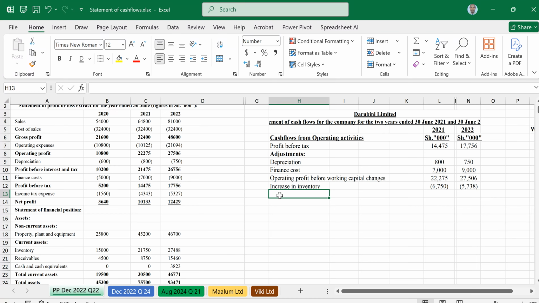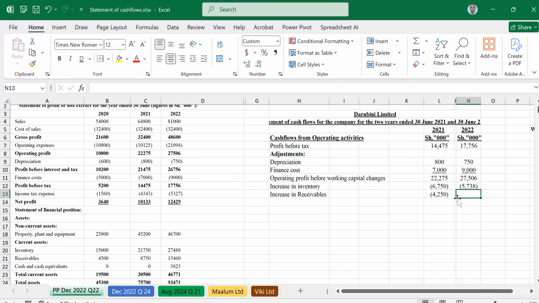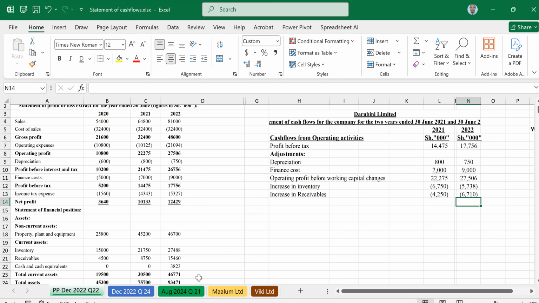Increase in receivables. 45 minus 8750 outflow. The other one is 87 minus 15 460. That is also an outflow. Inventory and receivables.